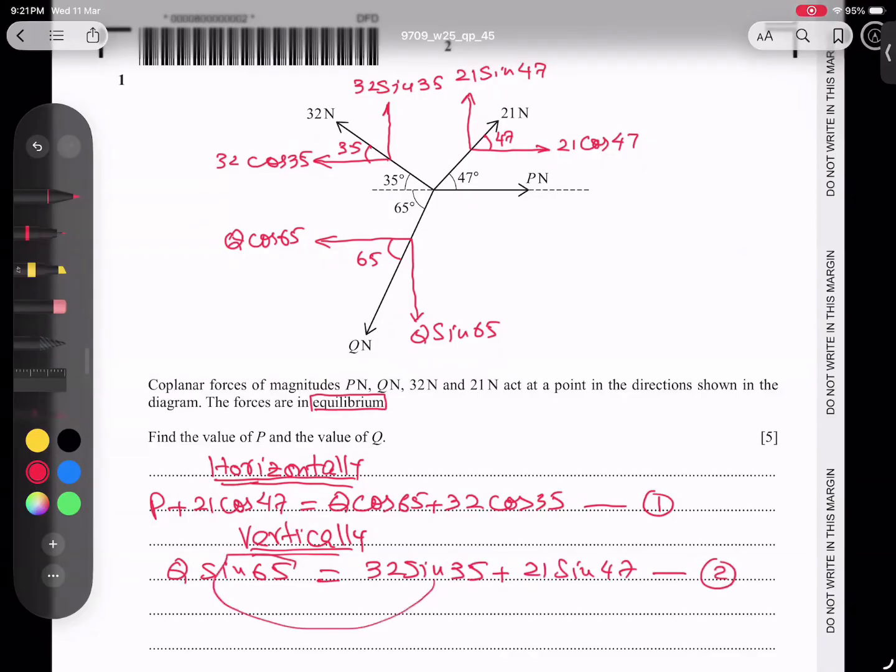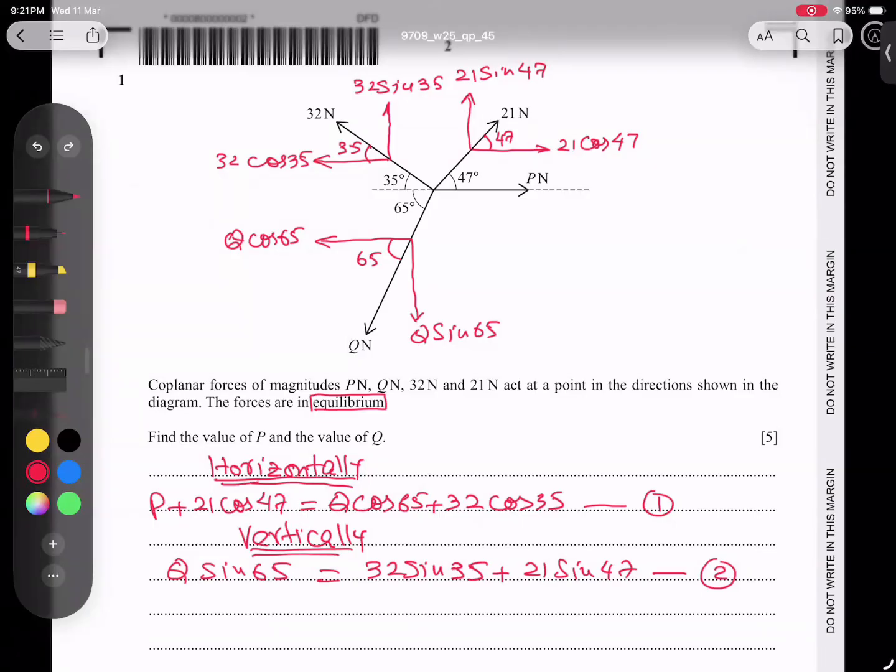I will divide, and I'm going to type simply in the calculator: 32 times sin 35 plus 21 times sin 47, divided by sin 65.